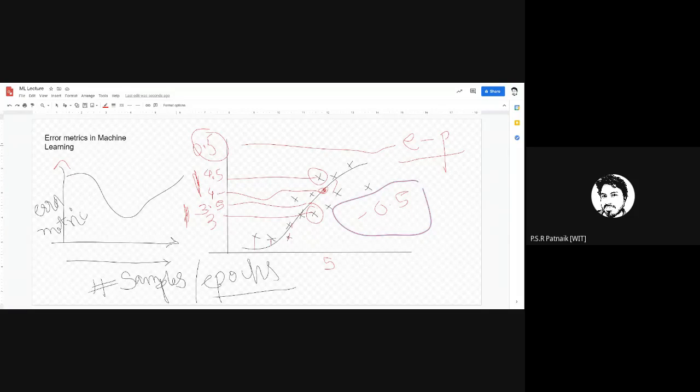When you get all these values, how do you combine these individual differences so that you get one single value which indicates the error behavior of the entire learned linear equation? What would be that single value? Can you guess?